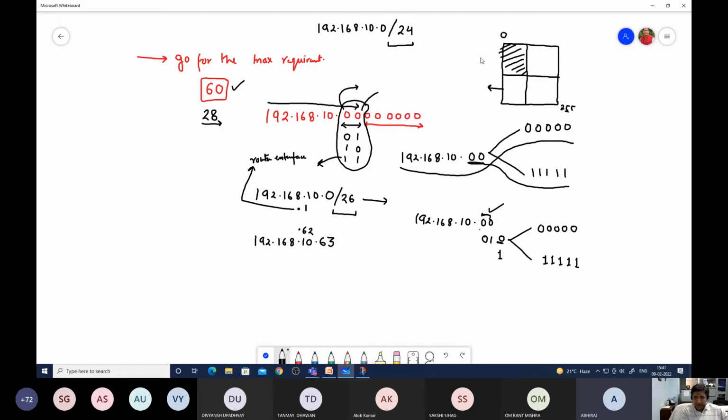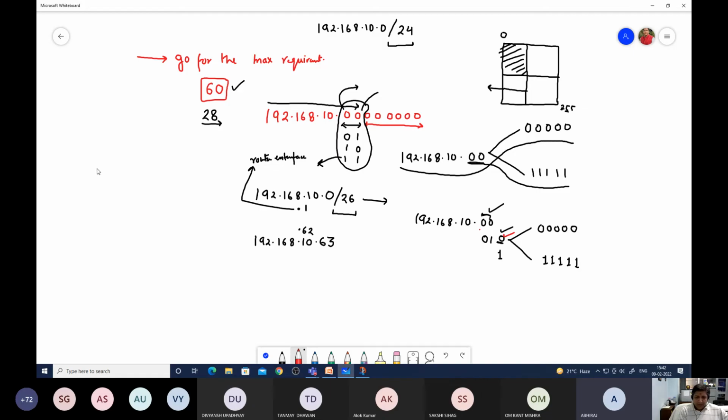First partition is assigned to Perth LAN, second partition, and we are again partitioning it into 2 parts. See here, we are extending the network part by 1 bit because 5 bits are required in the host. So let's take this combination.